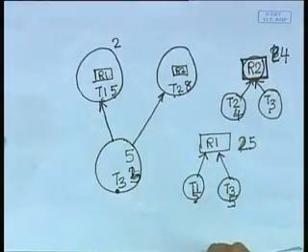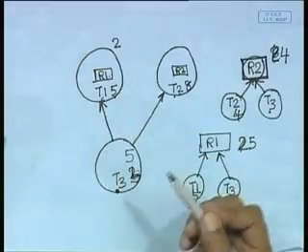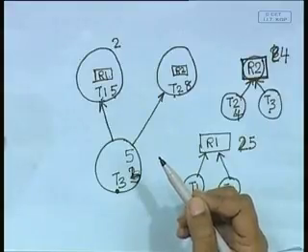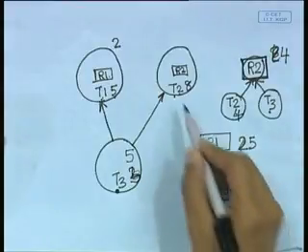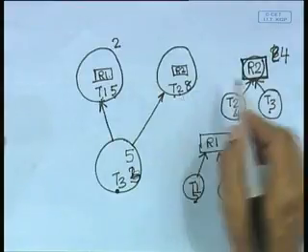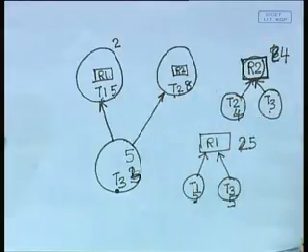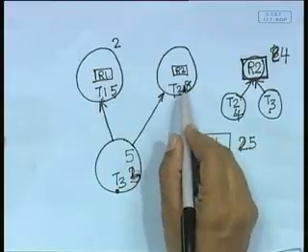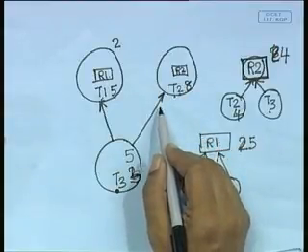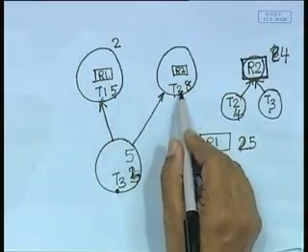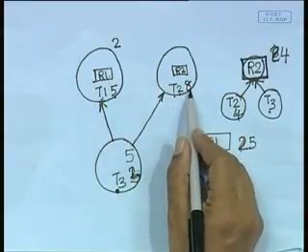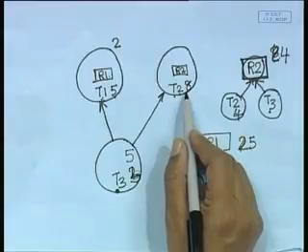T1 started executing first. It has acquired R1, and its priority is still 5. But now T2 has come, and T2's priority is 4. So T2 has to execute. It will preempt T1, and then T2 will start executing and complete.